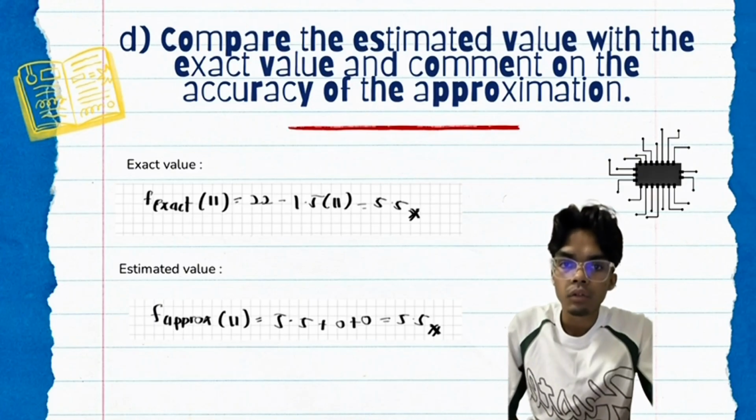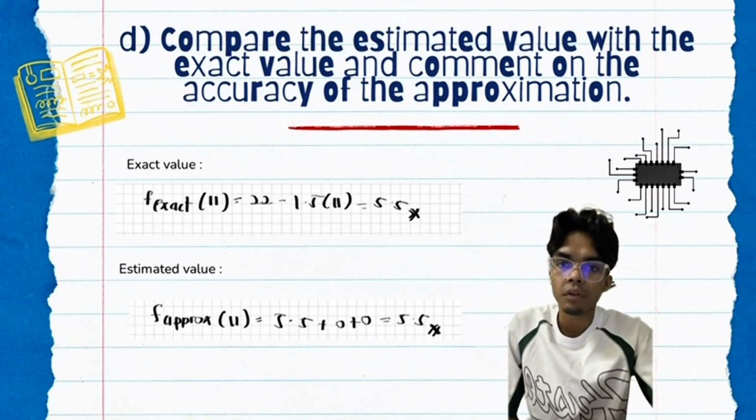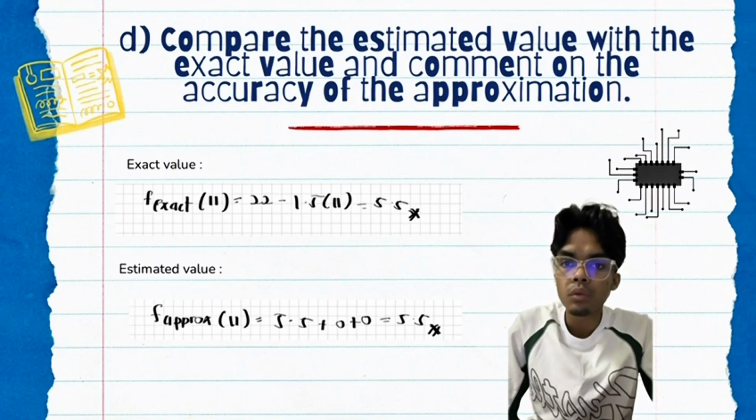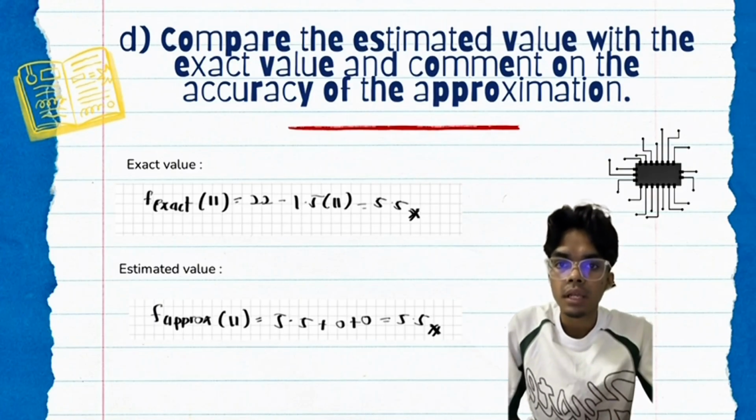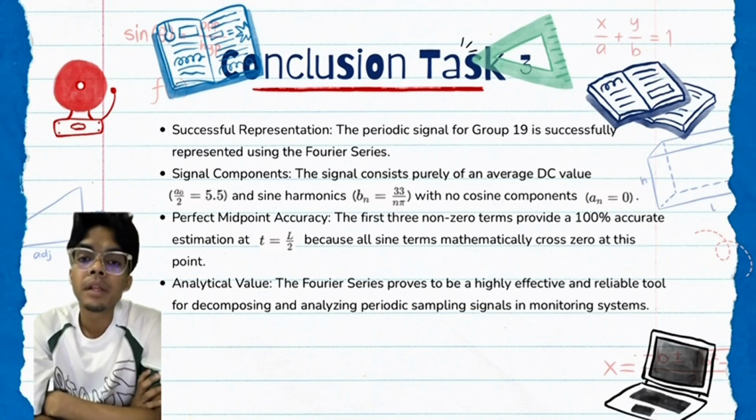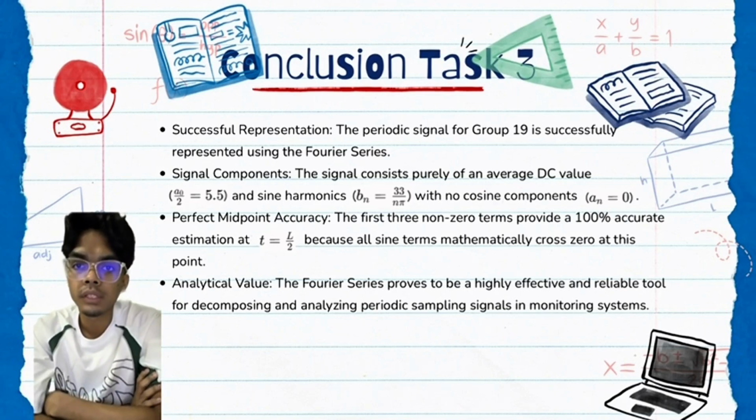However, to get an accurate shape for the rest of the signal, we would still need to add more higher order terms to minimize the Gibbs phenomenon. In conclusion, the periodic signal for group 19 was successfully represented using the Fourier series, which uniquely consists of only the average DC value A0 over 2 equal to 5.5 and sine component Bn equal to 33 over nπ.